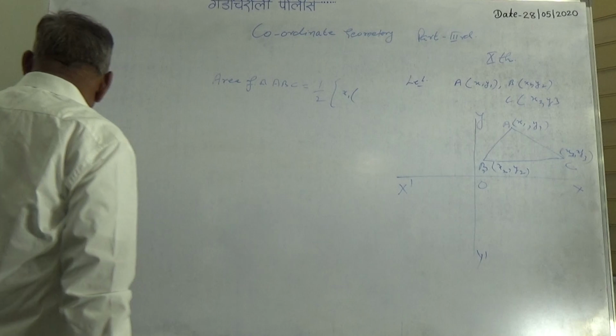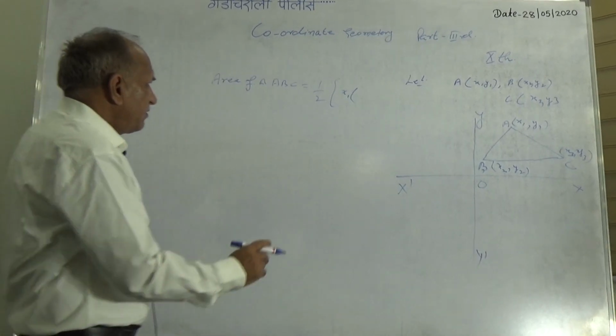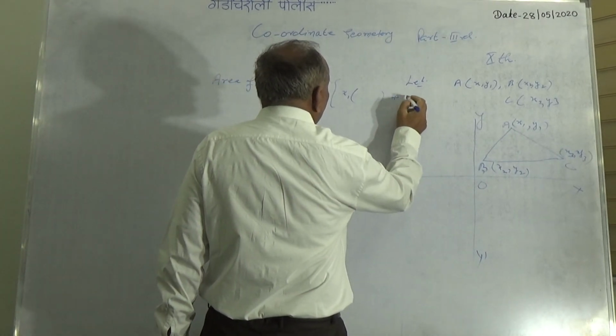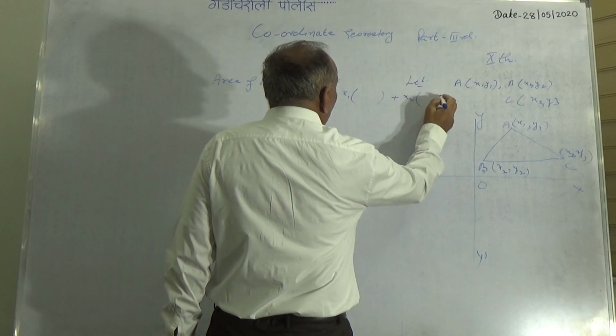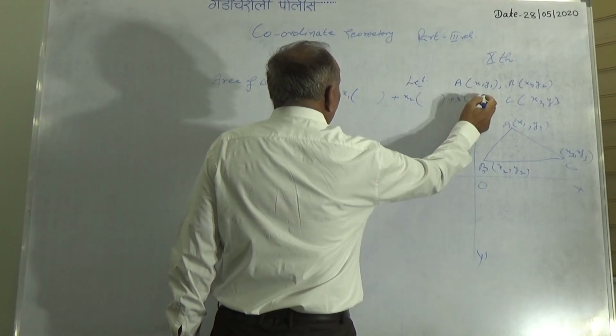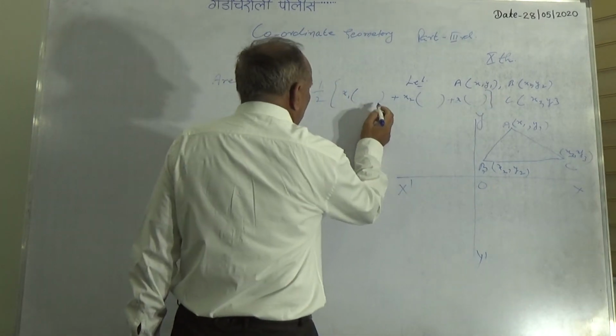Here are three vertices of the triangle. We have to find the area. Firstly, we write x1 plus x2 plus x3 likewise, and then put the value of y.